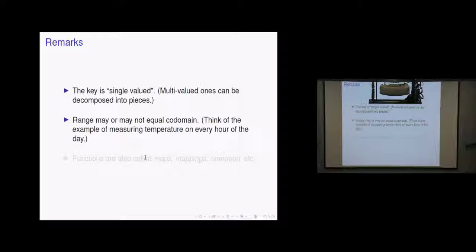Now, for beginners, you may wonder why A and B are not symmetric. The domain is every element in A, but for B, the codomain, we may not hit every element. So you may think, why can't we just choose the exact fit? Well, in real life it doesn't make sense.